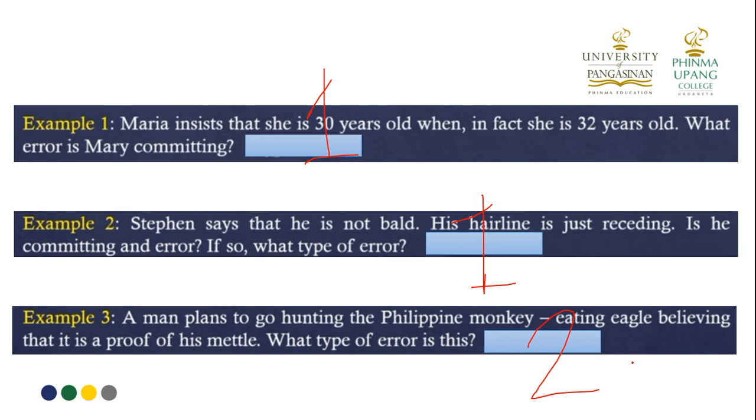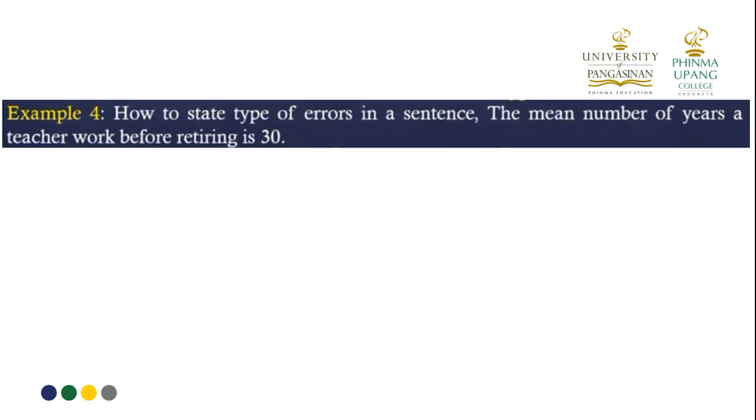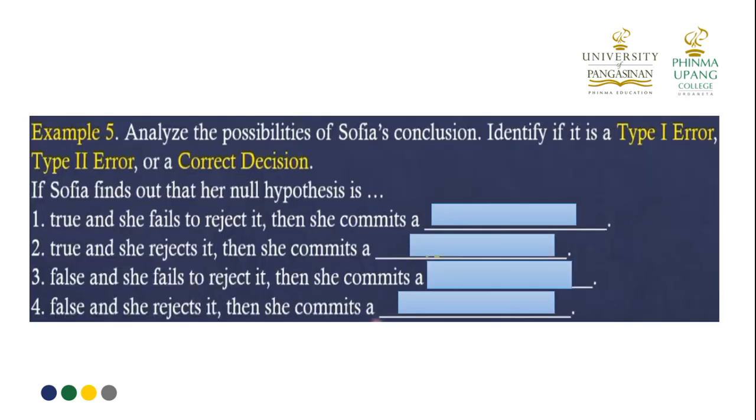Alright? I hope it is clear between the type 1 and type 2 error. Okay? Next. O, sabihin nyo kung type 1 ulit ha. Analyze the possibilities of Sophia's conclusion. Identify if it is a type 1 error, type 2 error, or a correct decision.